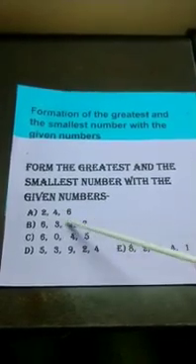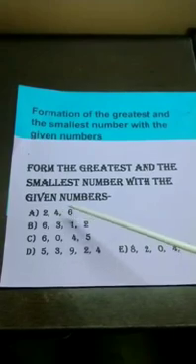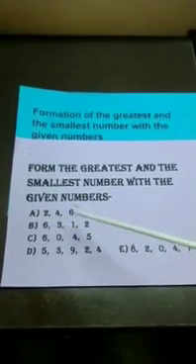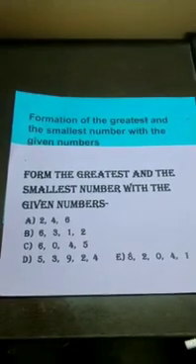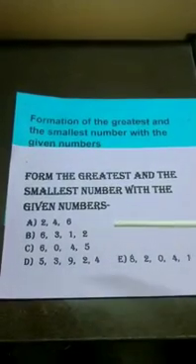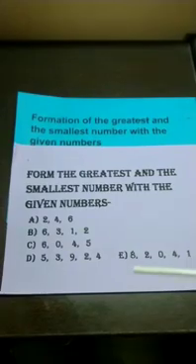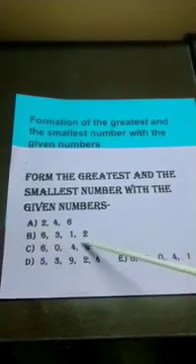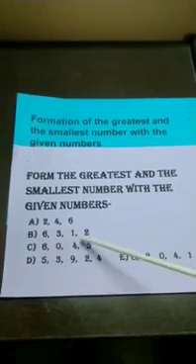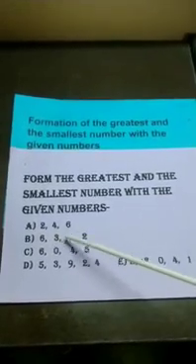So the greatest number formed by these digits will be 6, 4, 2. Same way, when we find the smallest number formed by the given digits, we start from the smallest digit to the greatest digit. So the smallest number formed by these digits will be 1, 2, 3, 6.